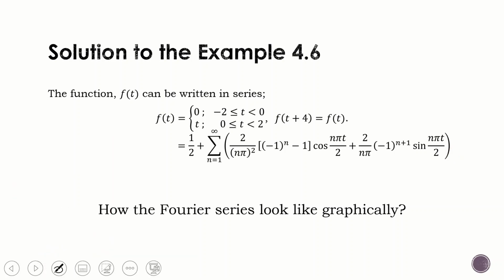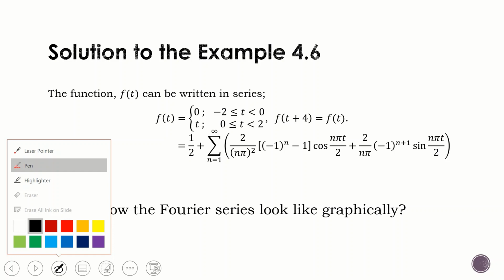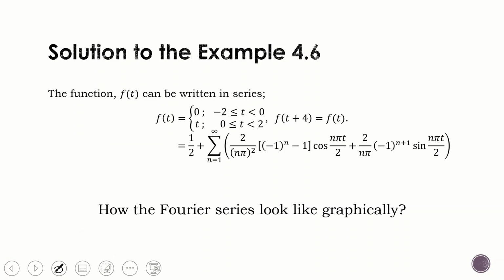Now let's imagine how the Fourier series looks graphically. This is an, this is bn, and this is a naught. Can you imagine that when we plot the function f(t), it has discontinuities, right?